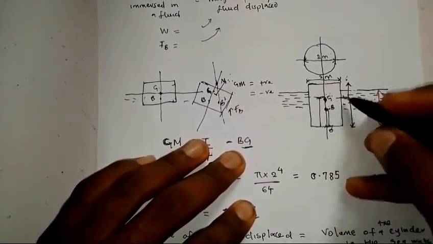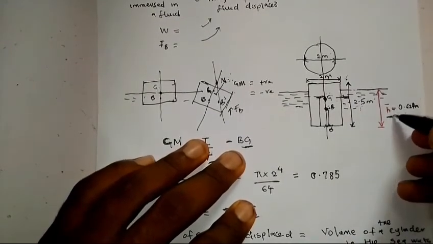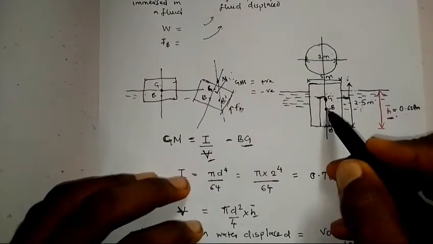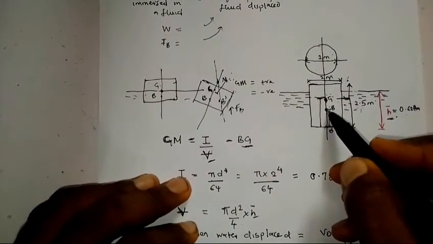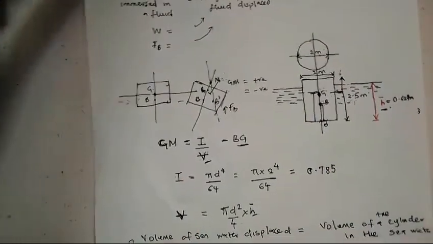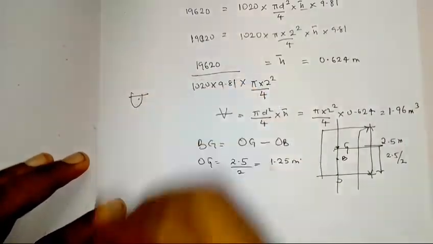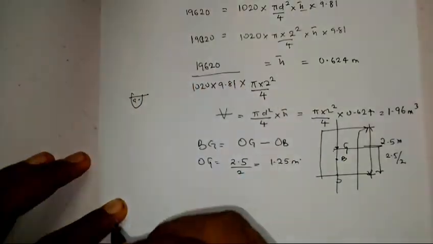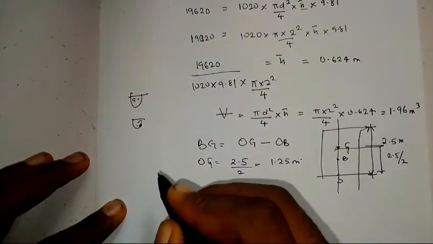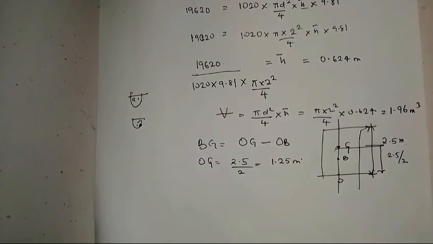Just like my center of gravity is the height of my cylinder divided by 2, my OB is my height of immersion divided by 2. If I have an object, for example, a cup, which has a center of gravity before being immersed in a fluid, when it is immersed, it has a center of buoyancy. This center of buoyancy is the center of gravity of that object in that medium.